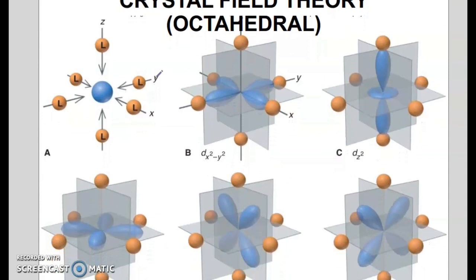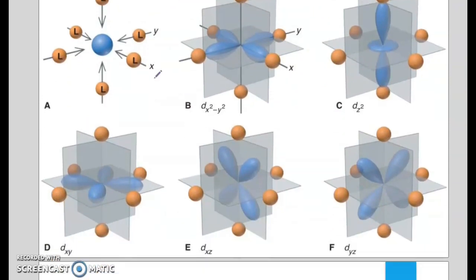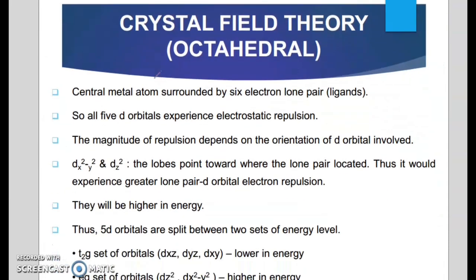This is the crystal field theory for the octahedral. Central metal atom surrounded by 6 electron lone pair. We call it as the ligands. So all 5 d orbitals experience electrostatic repulsion. The magnitude of repulsion depends on the orientation of the orbital involved.